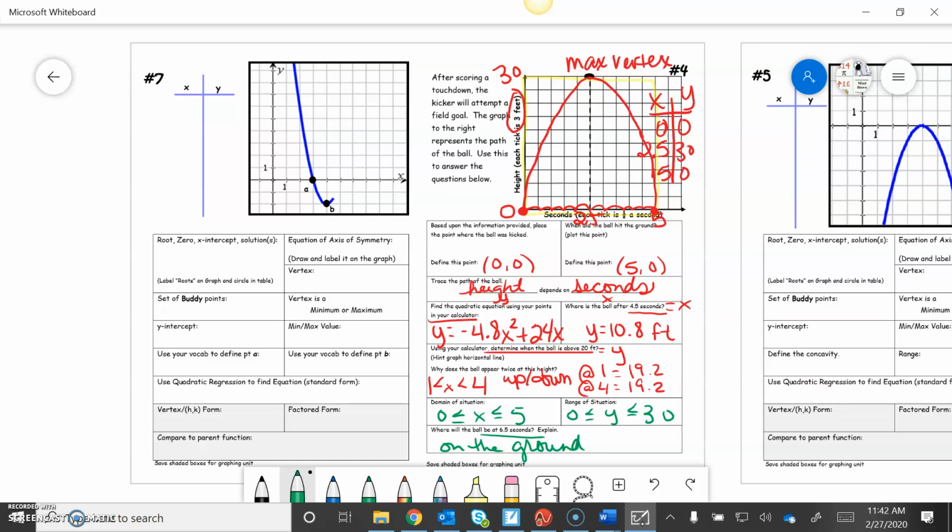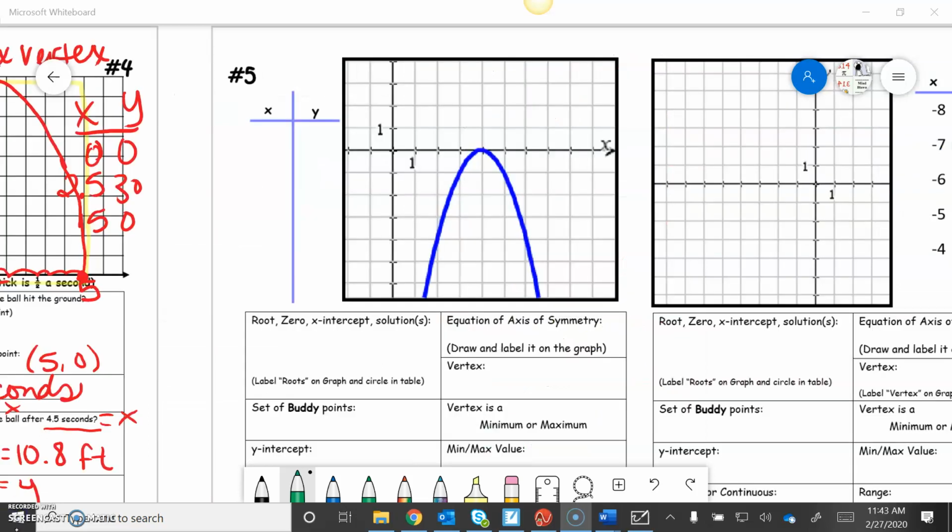On number 5, we talked about we have some coordinates here. So we can say 3, -1. We can say 4, 0, and 5, -1 is our buddy point. We have our axis of symmetry. We have one root, and our root happens to also be our max vertex.